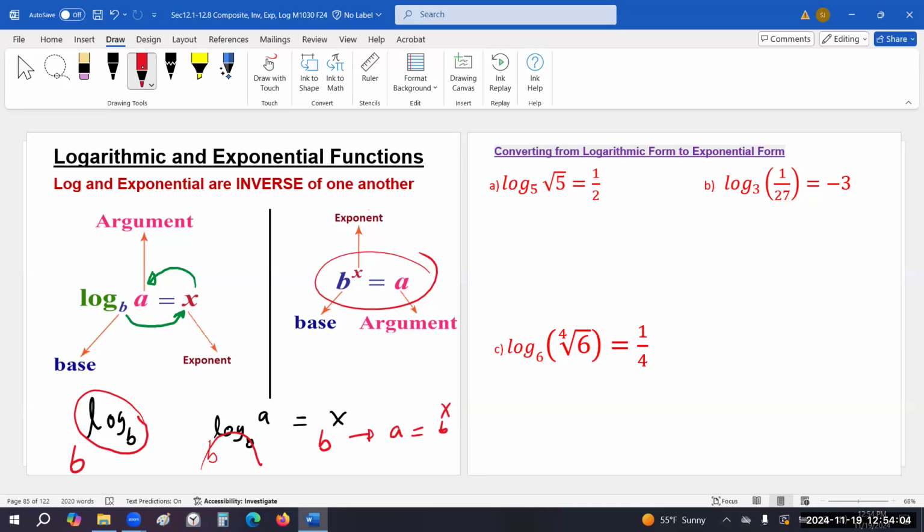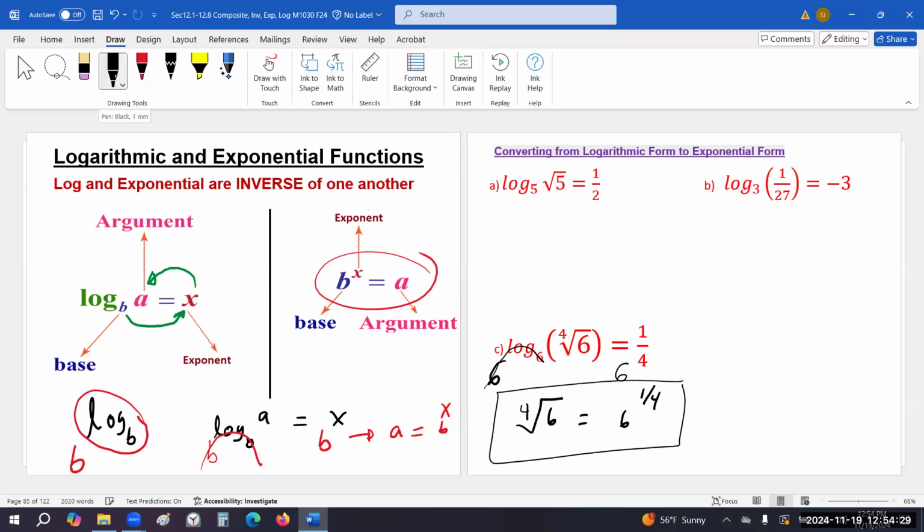Once you convert, you are done. For example, let me show you one here. We have base 6 on the bottom. If you apply base 6 there, this cancels out. We get 6 to the power 1/4, the fourth root of 6. That's all you have to do.